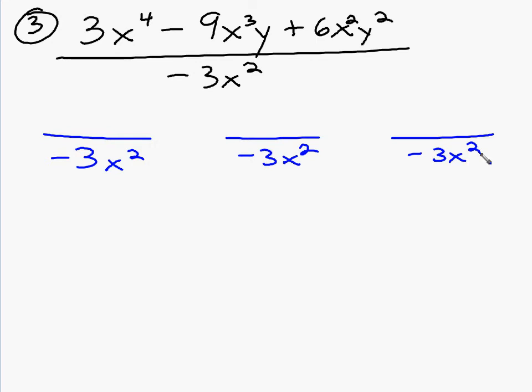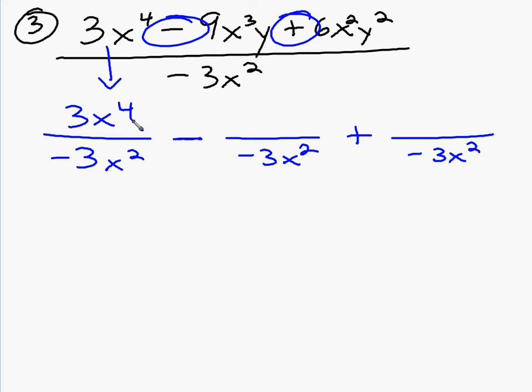And what goes in between the fractions are these signs. If that's a minus, this is a minus. And since that's a plus, that's a plus. And then I just fill in the terms. The first fraction is going to be 3x to the fourth over that negative 3x squared.